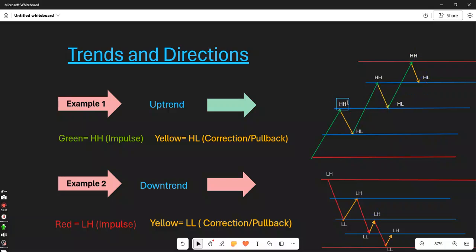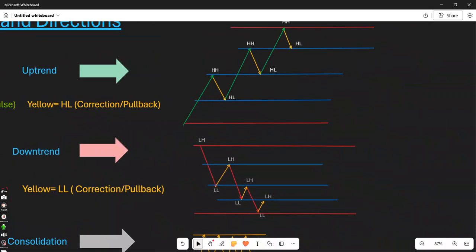So you have higher highs, which when I explained it last week, it was pretty much just if you see a higher high, it means that this high is higher than this one, which is higher than this one, and then higher lows are the same thing. This low is higher than this low, which is higher than this one, so on and so forth, right?